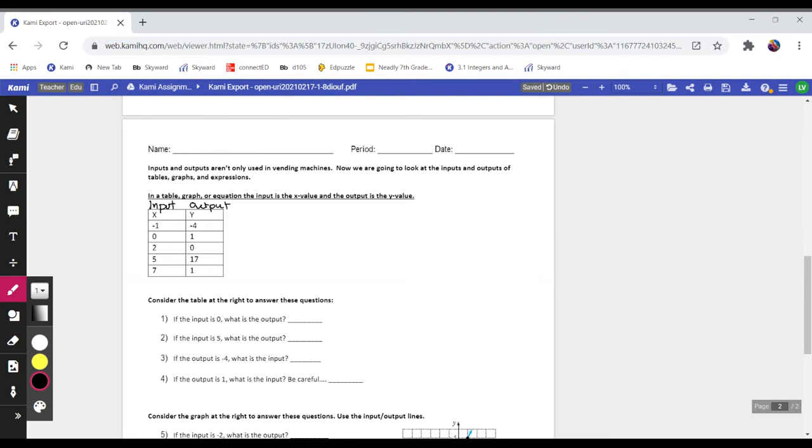So let's consider the table above to answer these questions. If the input is 0, what is the output? Input is 0. Okay, 0. Ooh, the output is going to be 1.